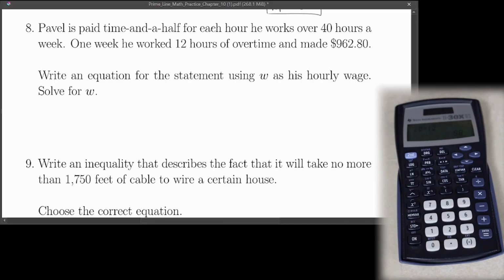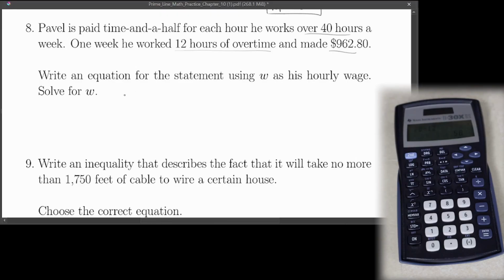Okay, we need to write an equation for Pavel. So he's paid time and a half for each hour he works over 40 hours a week. One week he worked 12 hours of overtime, and he made this total.